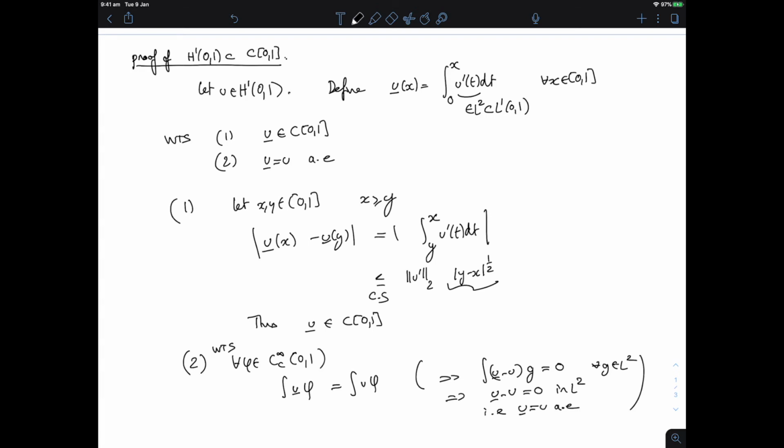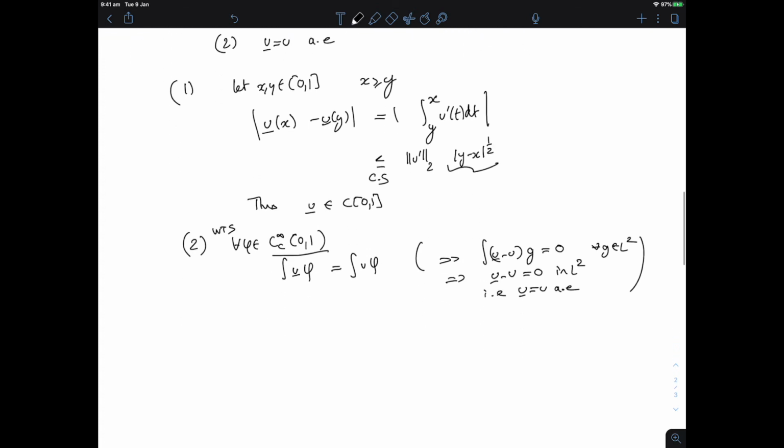It's an argument we've used implicitly a bit before. That's important here. So I just need to test against these compactly supported C infinity test functions. And if I get the equality for every test function, then u bar would have to be equal to u as an element of L2. So, all right, let's try to prove that.